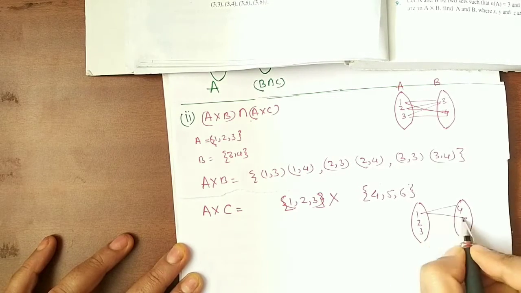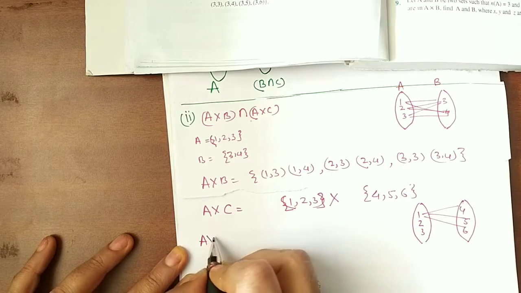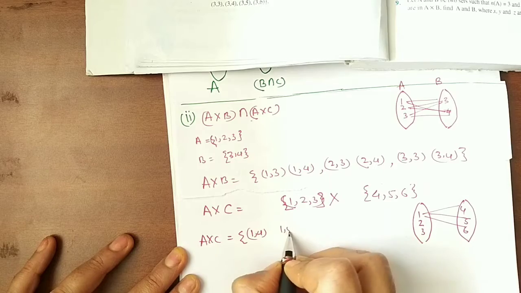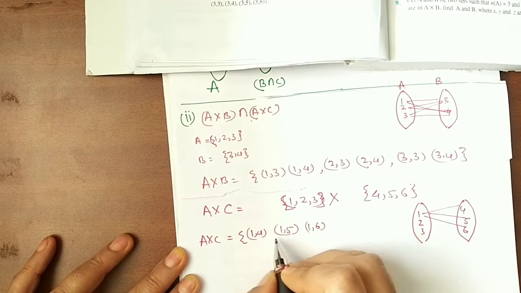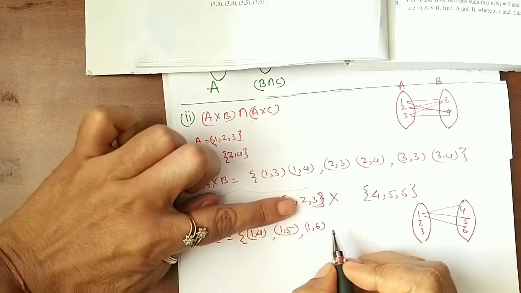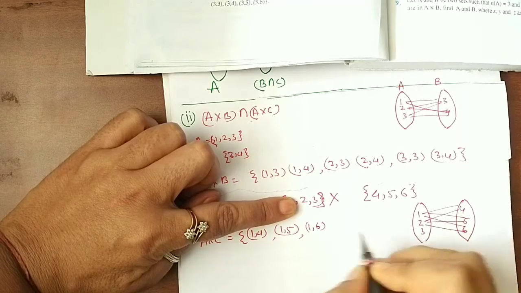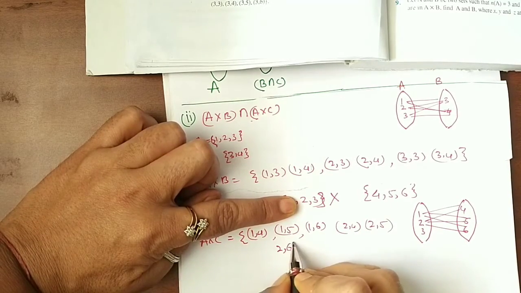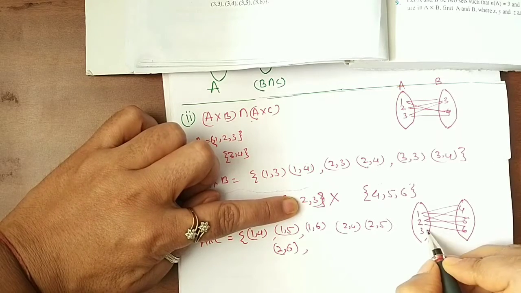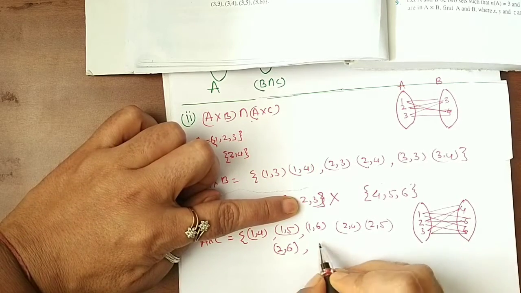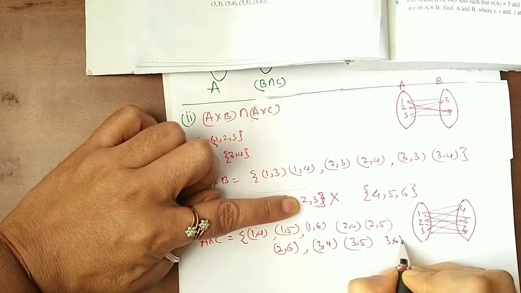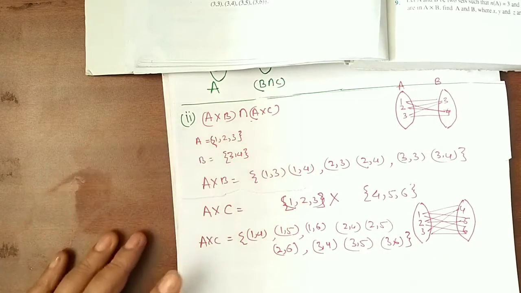So (1,4), (1,5), (1,6). Next will be (2,4), (2,5), (2,6). Next will be (3,4), (3,5), (3,6).